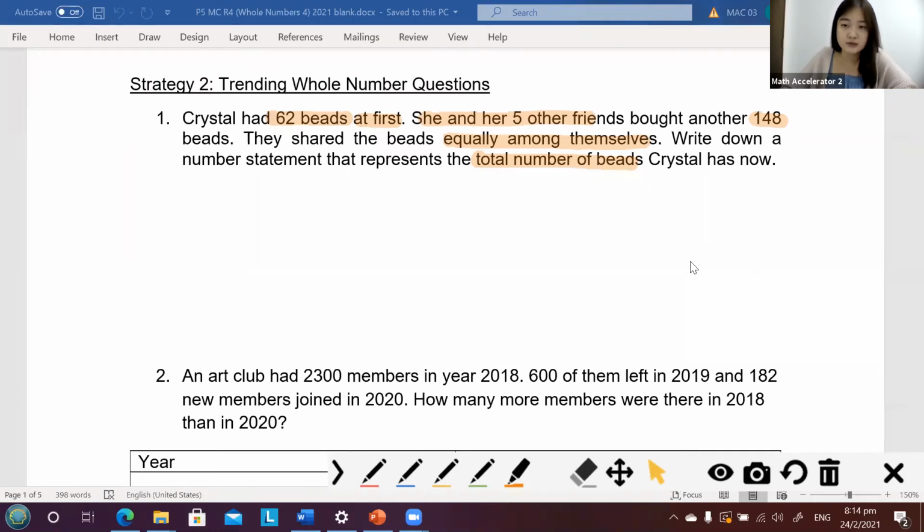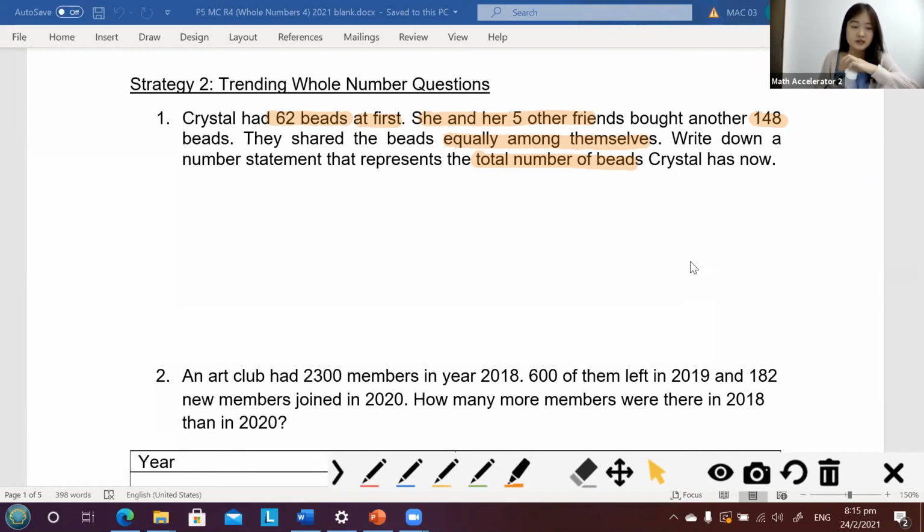The number statement, which means what will you write down in order for you to get the answer. A little hint here, order of operations. Do take note, which one will you do first? Will you plus, divide? That's the hint I can give you.